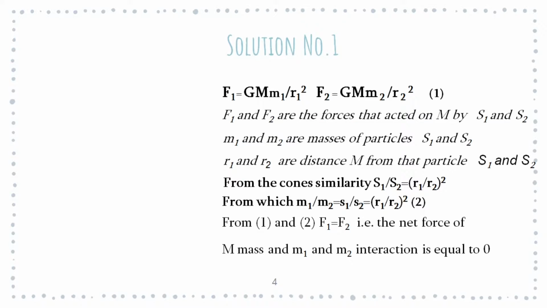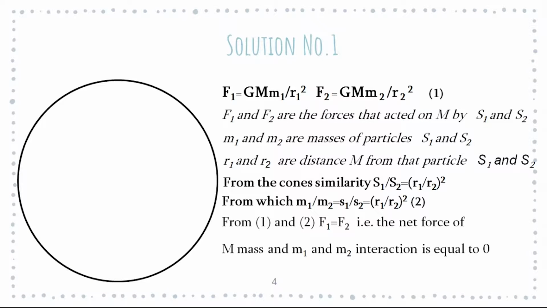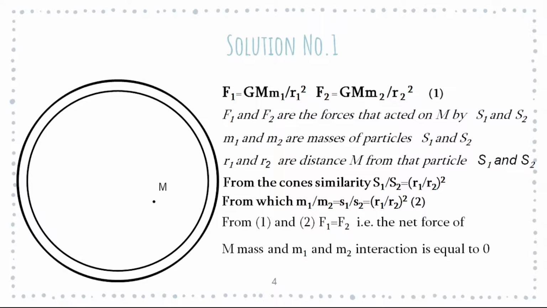Generally, to solve this problem, we can use mathematical formulas. Let's take a spherical layer with small thickness, and put a probe at an arbitrary point M inside the spherical layer. We highlight area S1 on the layer, then create a cone with its top at point M and its base S1.